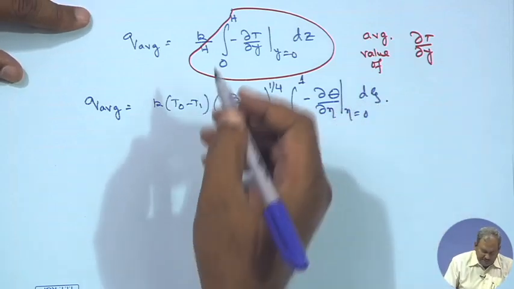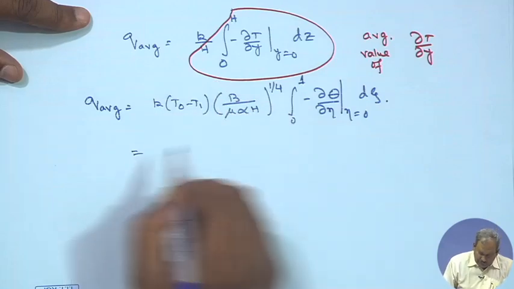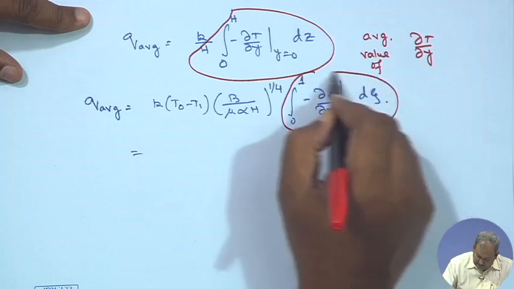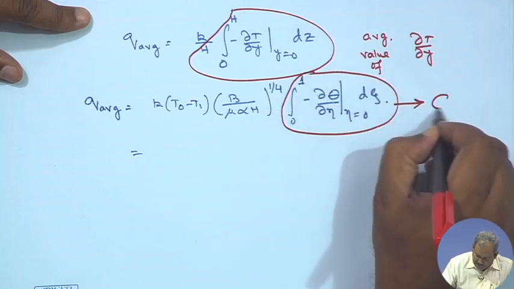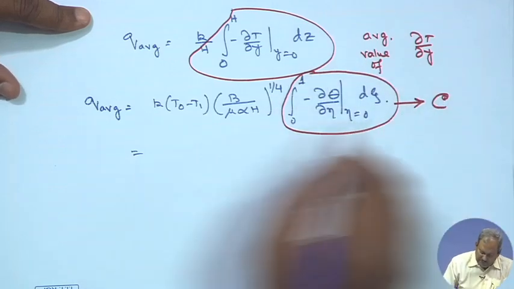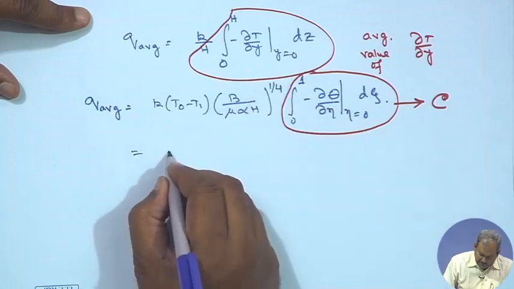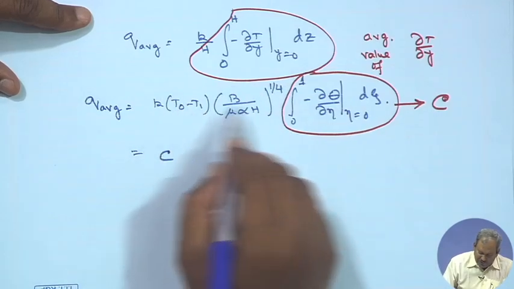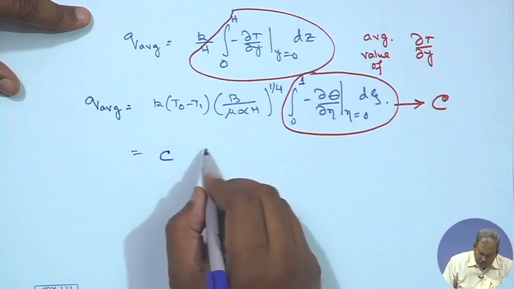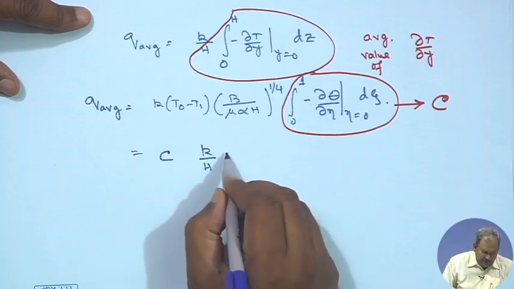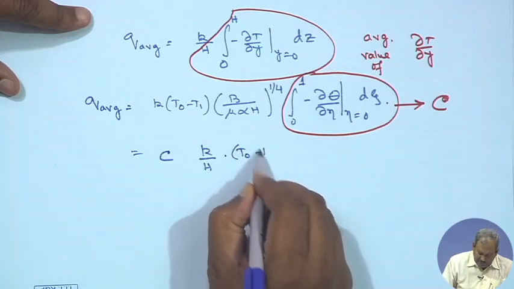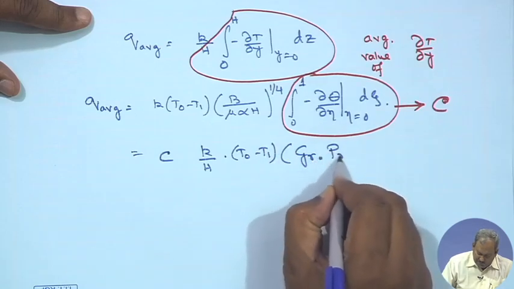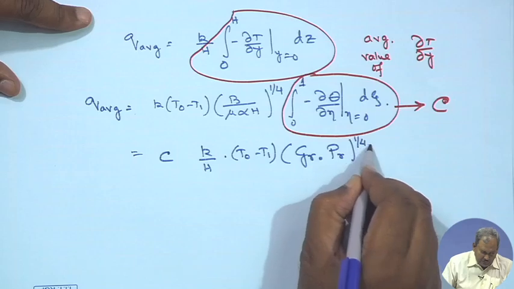So, these are constants as we have defined before, and we are going to denote this entire term by a constant, say C, because the rest of the things you can calculate based on the geometry and property. So, it is going to be C k by H times (T0 minus T1) times Grashof number Prandtl number to the power 1/4.